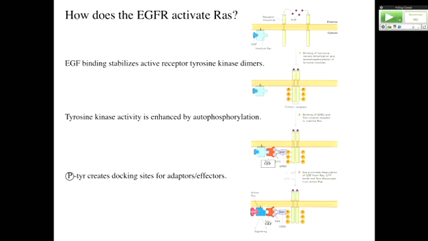And one effector protein that binds to a particular phosphotyrosine is a complex that includes the guanyl nucleotide exchange factor for RAS. The guanyl nucleotide exchange factor for RAS is brought to the membrane by binding to the phosphotyrosine, and brought to RAS so that they can interact and we can activate RAS.